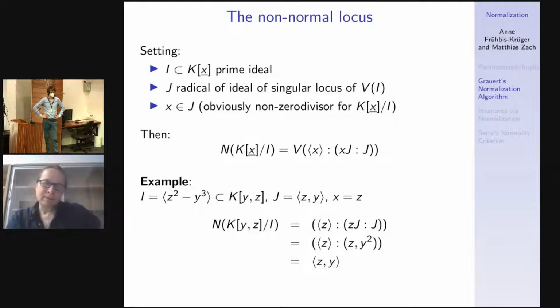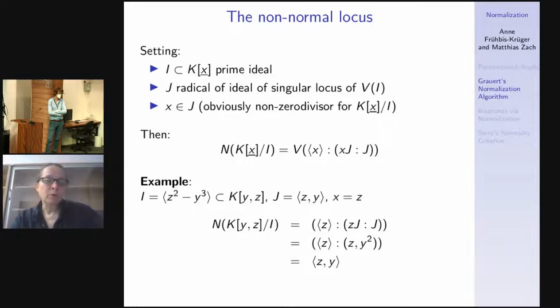So let's pick the simplest example in which you see something. It's a cusp. And because we called our non-zero divisor X, I called my X here Z, just to be able to write X equals Z here at the end of the line. So we have the cusp in two variables, a plane curve, and our singular locus is of course the origin. Now we want to compute the non-normal locus. That is done by the ideal quotient we had up there.